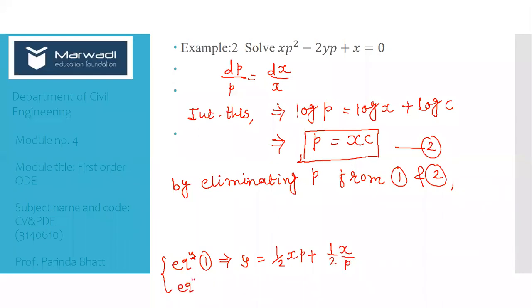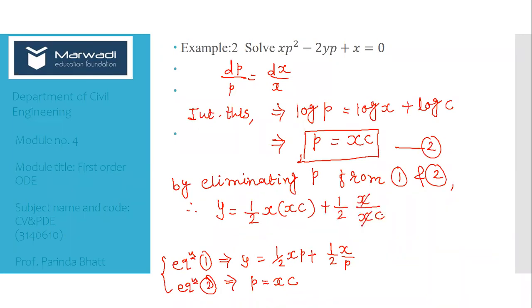And equation number 2 is p equal to x c. Therefore, y equal to 1 by 2, this is x, the value of p is x c, plus 1 by 2 x, the value of p is x c. This cancels out. Therefore, half x square c plus 1 by 2c. This is the final solution, right?